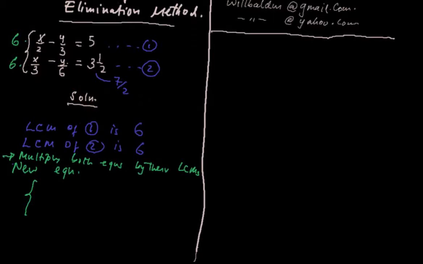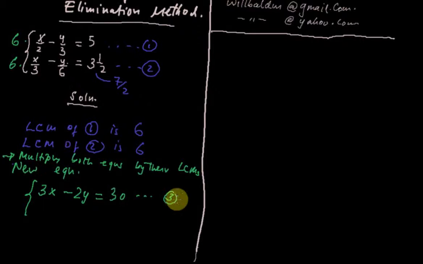So this is going to give you 6 times 1/2, which is like dividing 6 by 2, so you get 3x. Then minus 6 divided by 3 is 2, so 2y, equal to 6 times 5, which is 30. Call this equation number 3.